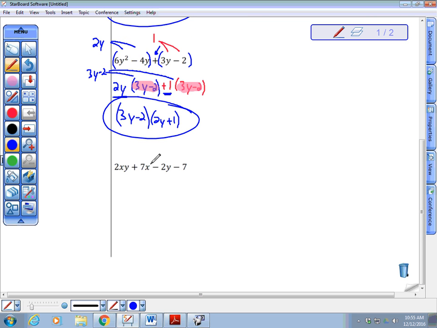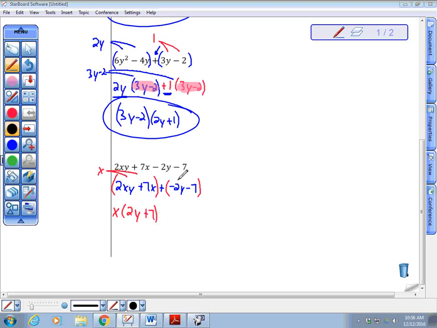Last one on this page. Again, I'm going to group the first 2 together, but I'm going to notice that there's a plus sign missing, so I'm actually going to rewrite it with a plus sign. So I'm going to put a plus, minus 2y minus 7. Now let's group them. First 2 together, last 2 together. GCFing out, it looks like an x, so I'll take out an x, and then I'm going to be left with a 2y and a plus 7.